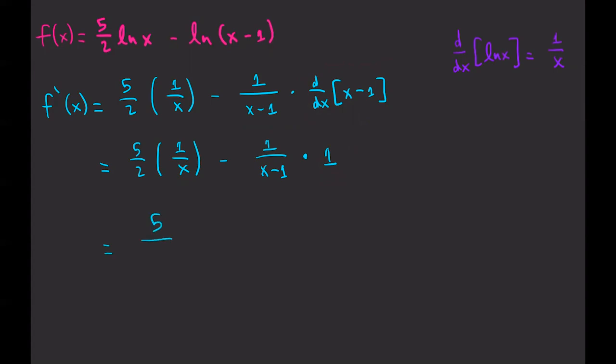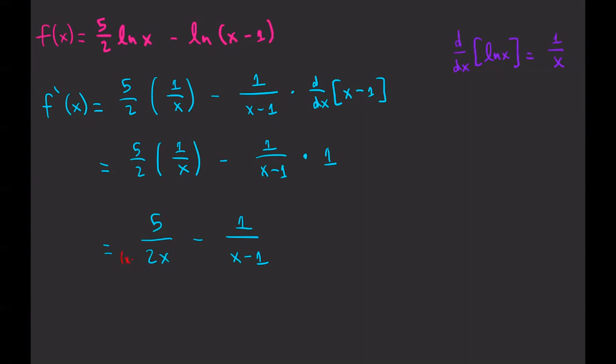We've got 5 over 2x minus 1 over x minus 1. At that point, you could call it here if you wanted to. I would say it would be a little bit more simplified to actually find a common denominator. So let's go ahead and do that.